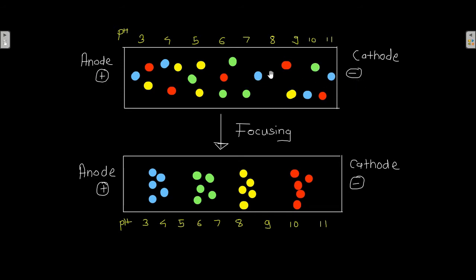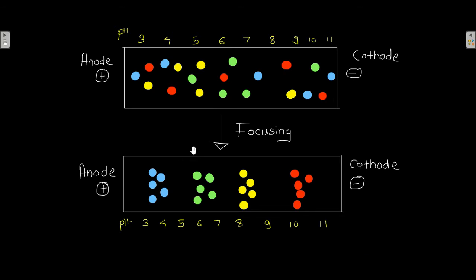Now when you start the electric charge, when you induce an electric field through this setup, the proteins with a particular charge will move toward the anode or cathode through the pH gradient. During the migration, the protein will either pick up a proton or lose a proton, and because of that the net charge of the protein will change.